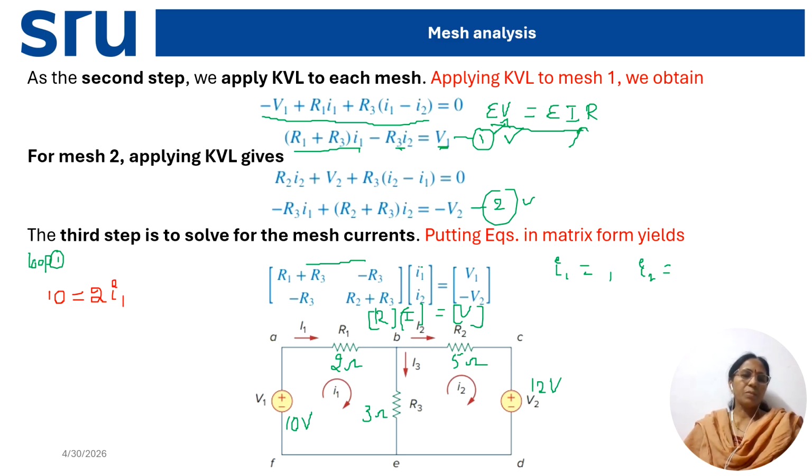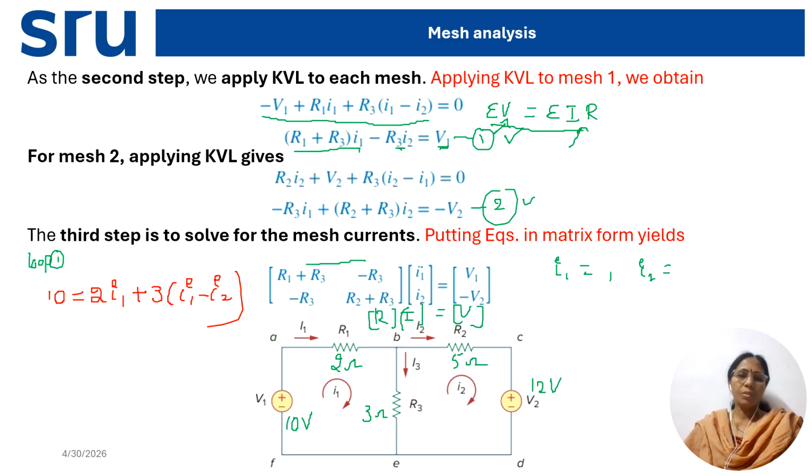If you write this parameter on the left side, you have to take minus 2 I1, minus 3 I1, minus I2. But the voltage drops across resistors I am writing on the right side, that's why I am writing plus 3 into the current, because we are applying it in loop 1, so the current is I1 minus I2. This is the first equation, the loop 1 equation.